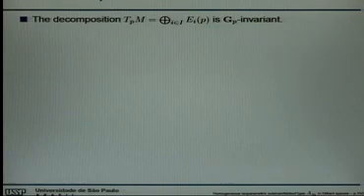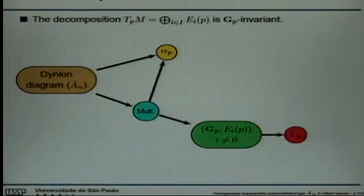Then we are going to apply representation theory, because this isotropy group is compact, so we can apply the classical representation theory of compact groups, and also the classification of finite dimensional isoparametric submanifolds. And then combine everything.